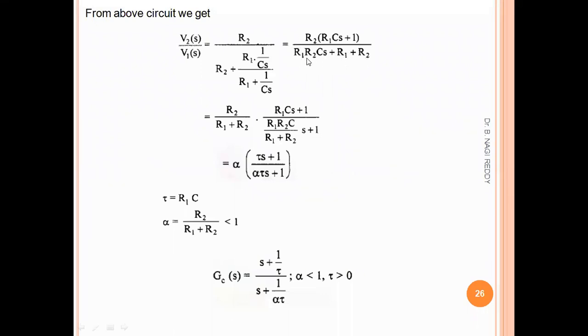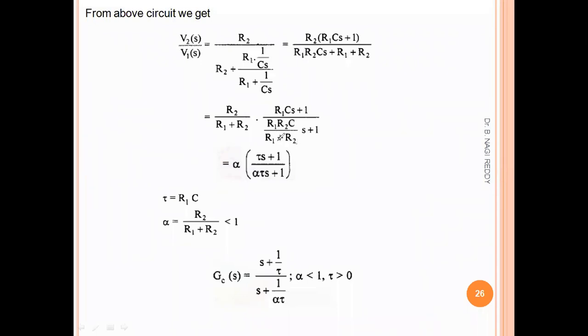Then you will get R1 R2 CS by R1 plus R2, plus 1, because R1 plus R2 is taken out. Here R2 is written as well. Now I got the 1 plus ST format here.